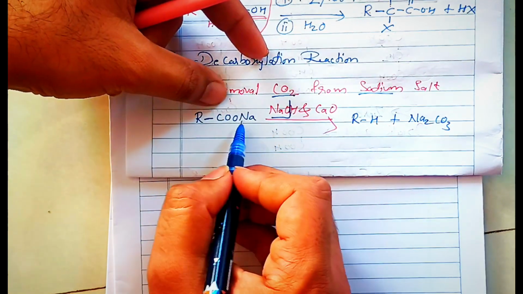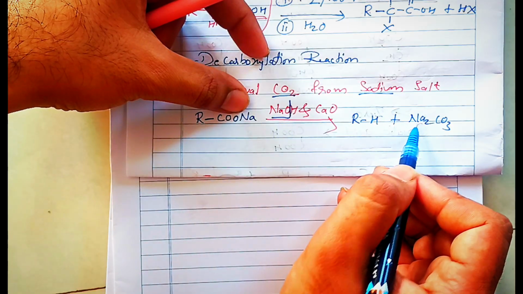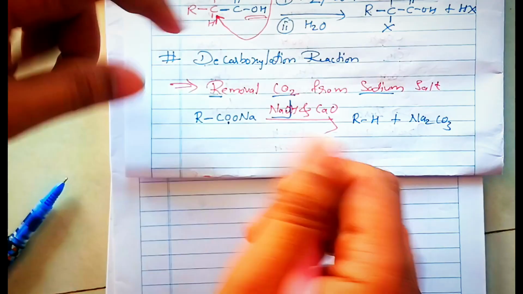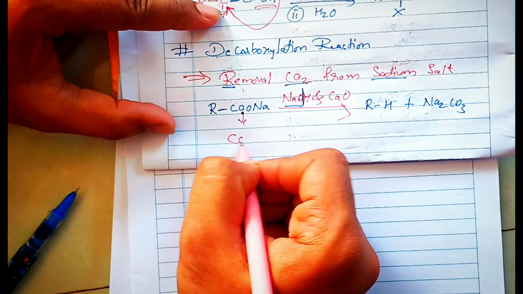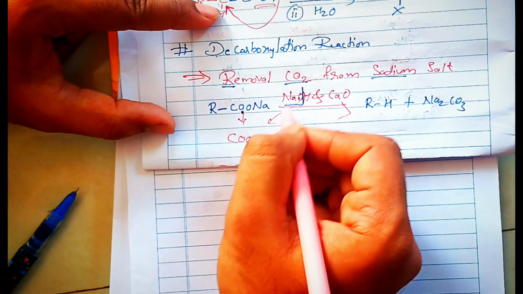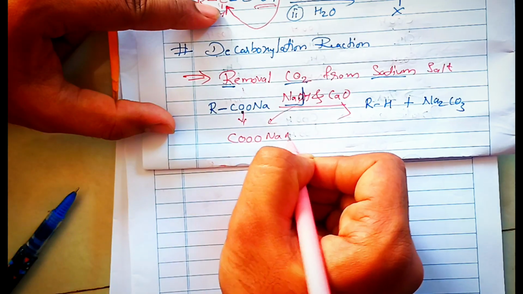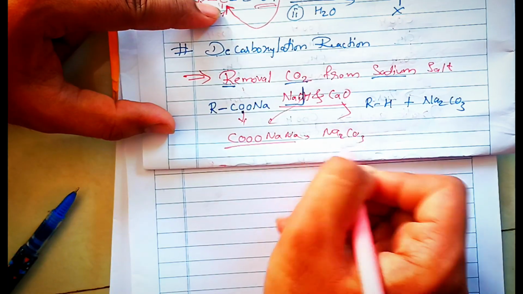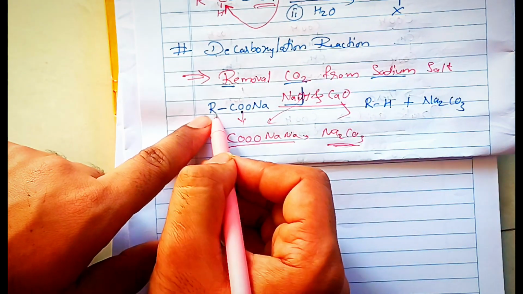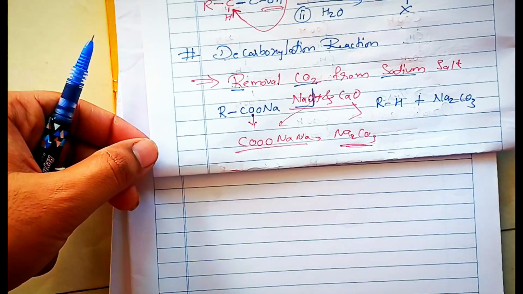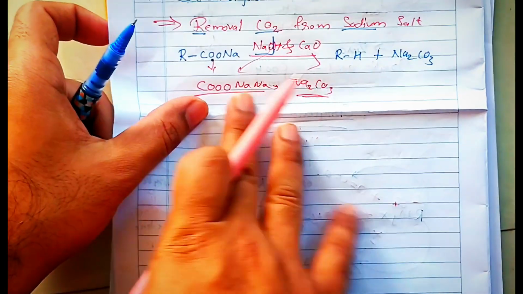The two Na, this O with this C, here we will get the COO, and here again the O, and these two Na, we will get Na2CO3 here, and again this R and this H combined we will get RH. Okay, this is the decarboxylation reaction.